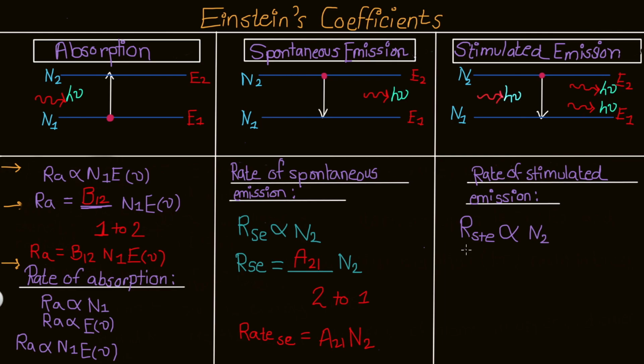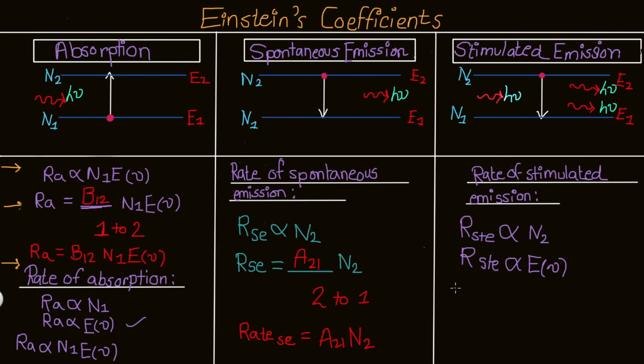So it makes sense that the rate of stimulated emission depends on the upper level number density of atoms. That's why we're using a directly proportional sign here again. And it also depends on the energy density of incident radiation, like absorption. I've written it over here.